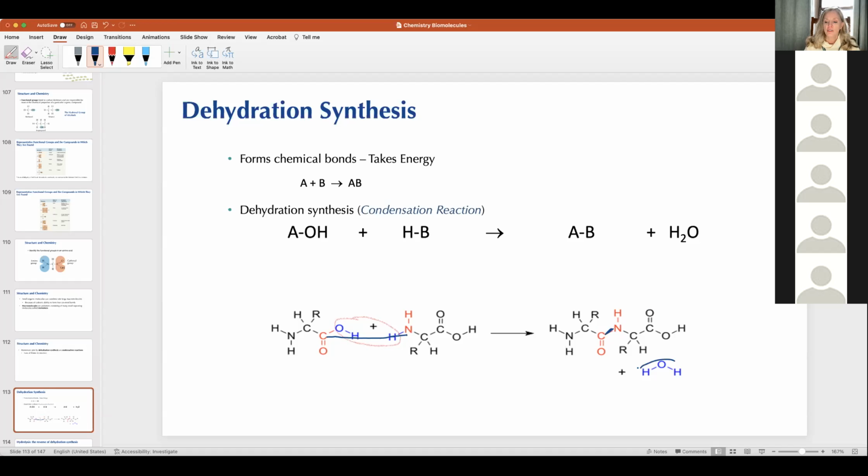Here's the water that's been removed. Everything else is the same. H, H, N, the amino end in this case. We have the C and the H and the R group up here. We have our ketone or carboxylic acid right there.